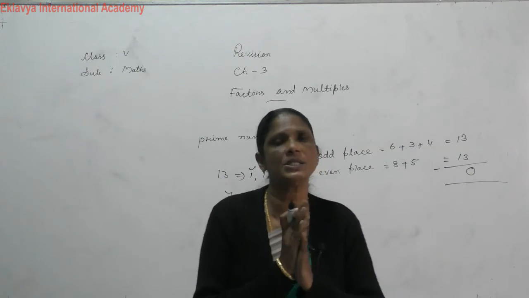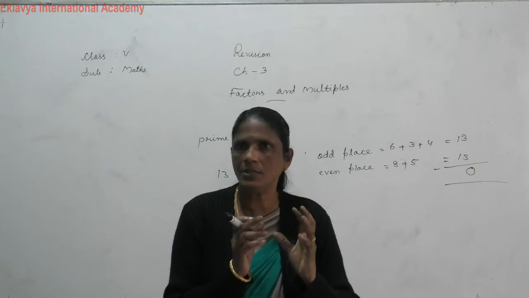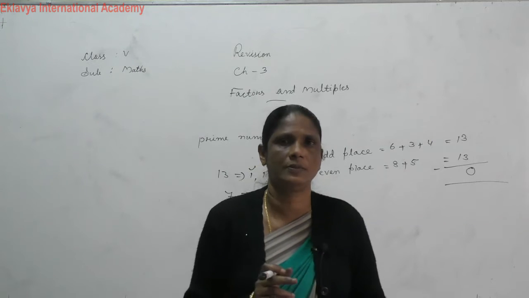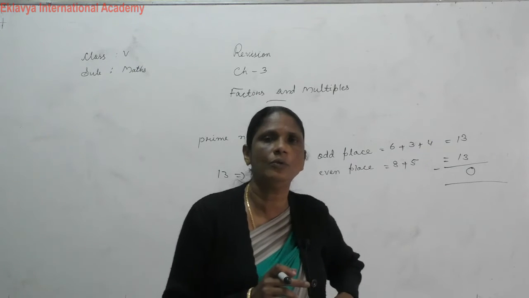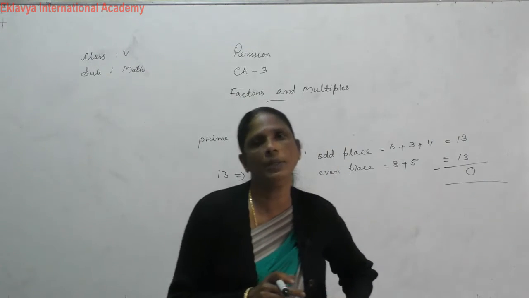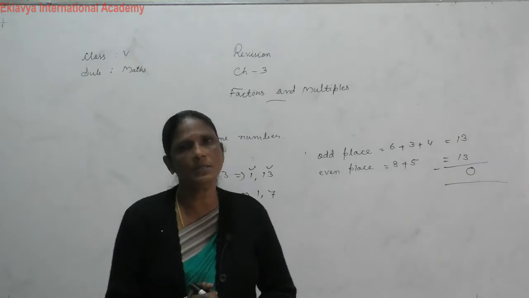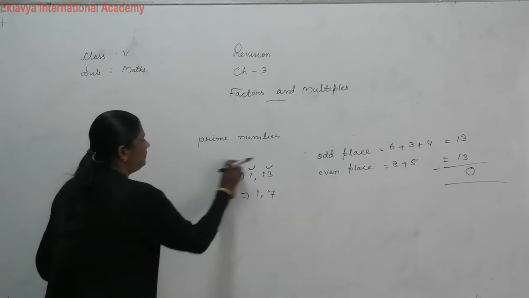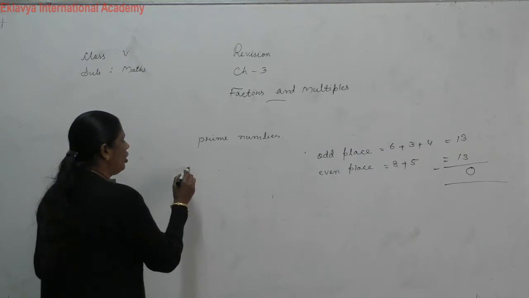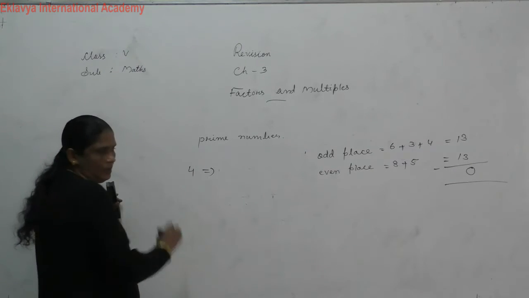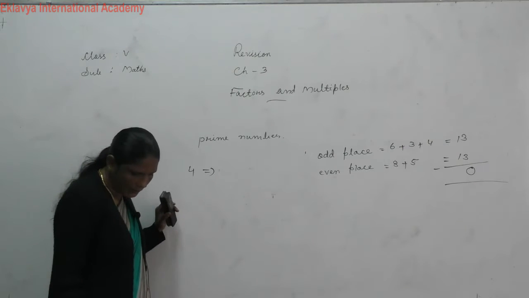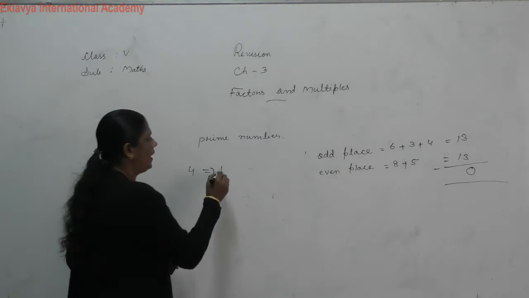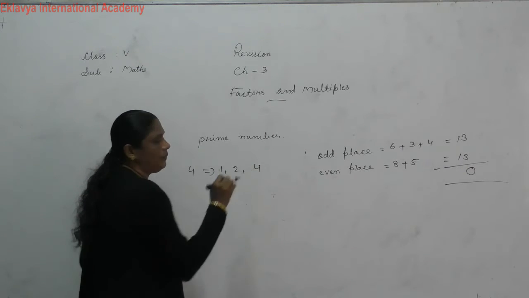What is a composite number? A composite number has more than 2 factors. More than 2 factors. That number is called a composite number. For example, what are the factors of 4? 1, 2 and 4.